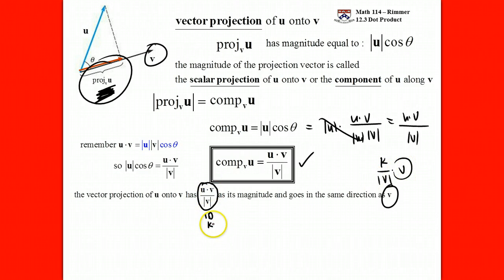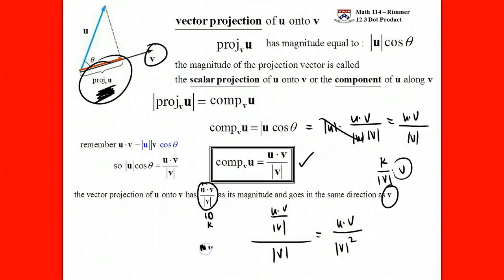So I already have k here, u dot v over mag v, and now I'm supposed to divide it by mag v. What does that become? It becomes u dot v over mag v squared. Right? This is my multiplier. This is what I'm going to scale v by.